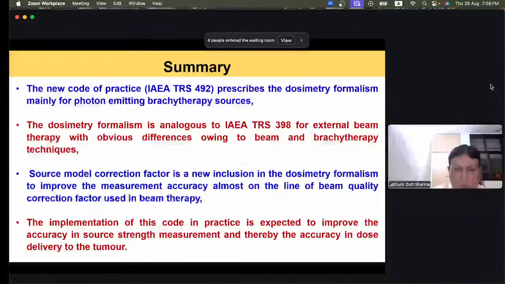So naturally, there was a need for incorporating a correction factor to account for this variation in the geometry and spectrum of the sources, which has been incorporated now because when data are available, then it has been incorporated and recommended. So the implementation of this code in practice is expected to improve the accuracy in source strength measurement and thereby the accuracy of dose delivery to the tumor.